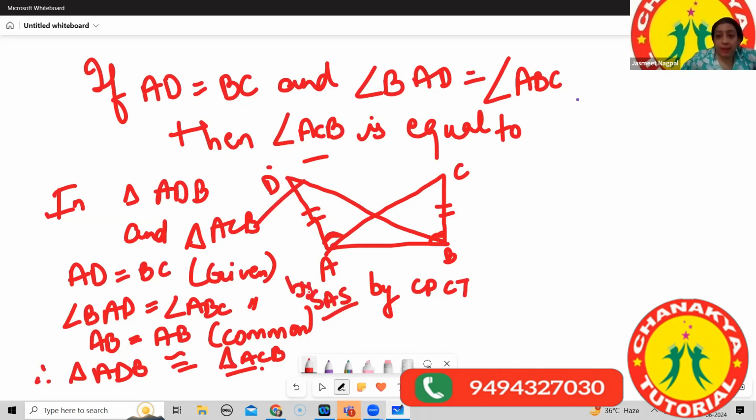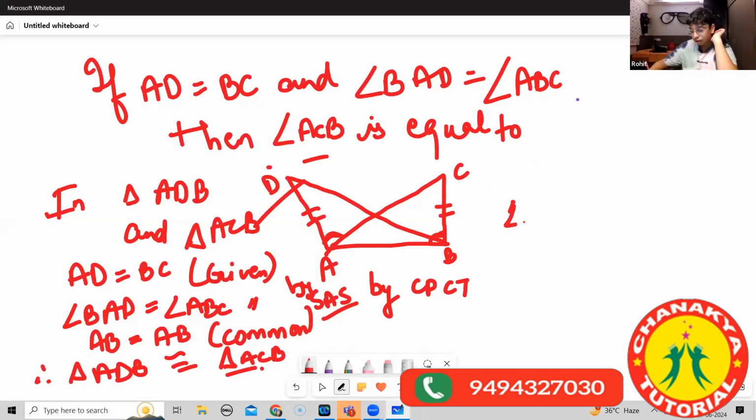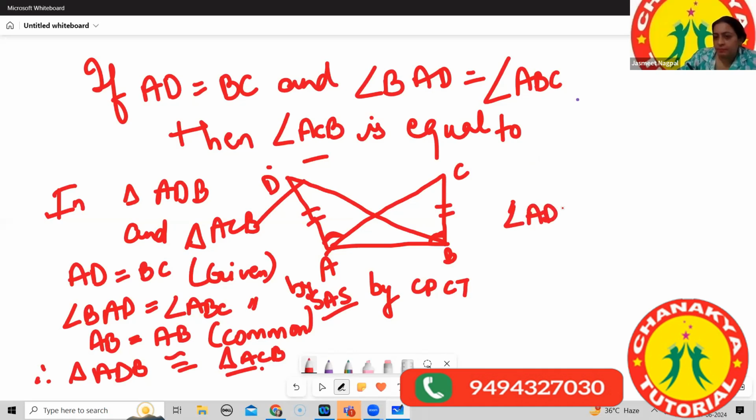After that, you will write by CPCT. What is the meaning of CPCT? Congruent part of congruent triangle. Okay, then you will write ACB is equal to ADB. So these steps are very important.